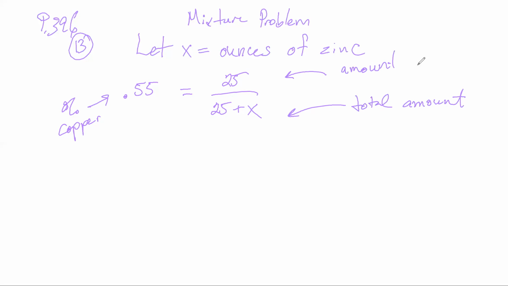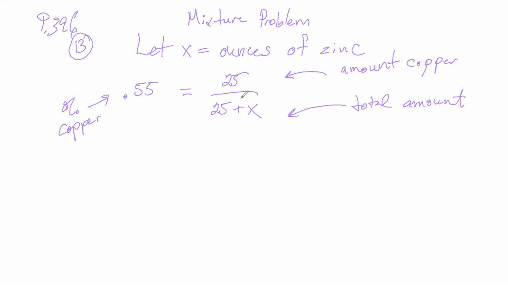Aside from the variable you're solving for, nowhere in the problem do you actually see the 45% zinc. But by doing this equation, the 45% zinc will happen just by looking at the percent of copper. If something is 55% copper and it's both copper and zinc, then it'll end up being 45% zinc.